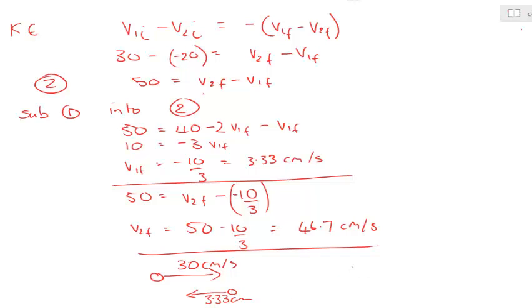And our ball 2, which was initially going at 20 centimeters per second, afterwards has turned around and gone back at 46.7 centimeters per second. And you think, well, how can this one be going faster than the other one? But this one is half the mass. So the momentum is the same, but it's turned around because it's half the mass and it's actually gained velocity to keep that momentum consistent.